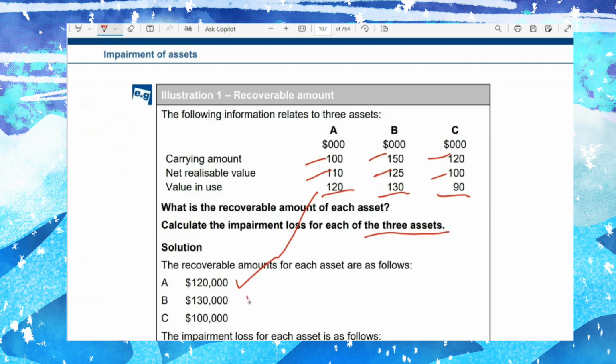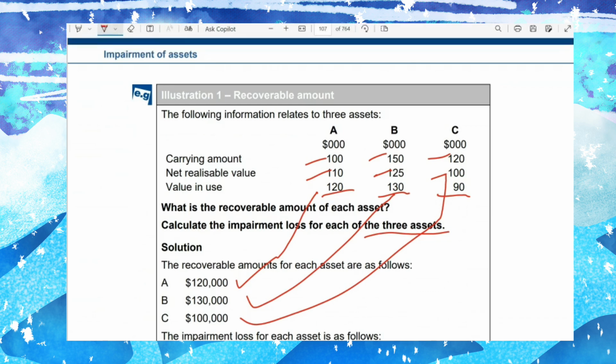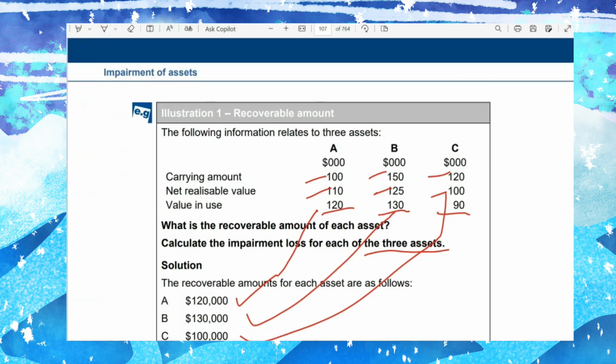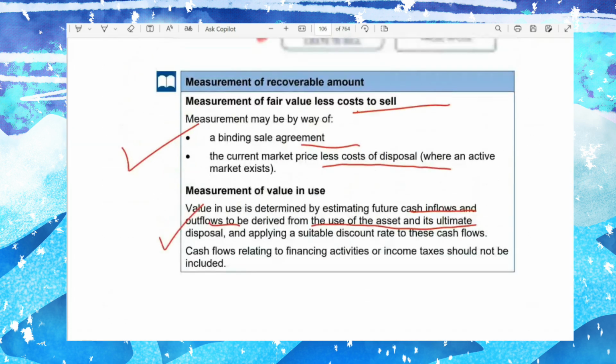Because this is net realizable value, we have to follow the greater of these two rules, you remember. Greater of fair value less cost to sell or value in use. So these two rules we have to consider.